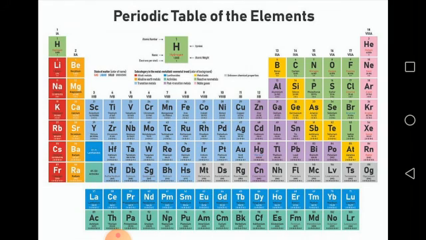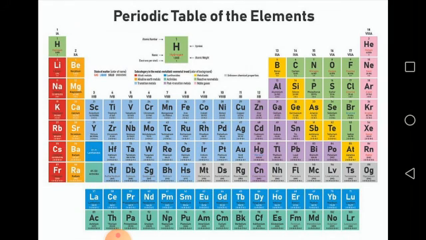principal energy level. The first period contains 2 elements, hydrogen and helium, because the first principal energy level can be occupied by 2 electrons only. The second and third periods each contain 8 elements, because the second and third principal energy levels can be occupied by up to 8 electrons.